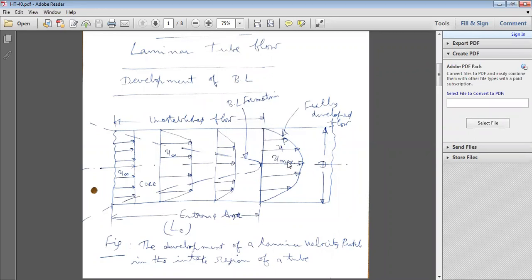Similarly going downwards, the velocity is maximum at the center and reaches zero at the wall. This is the fully developed velocity distribution, which is parabolic. Up to a certain length the profile differs slightly; that length is the entrance length, LE.